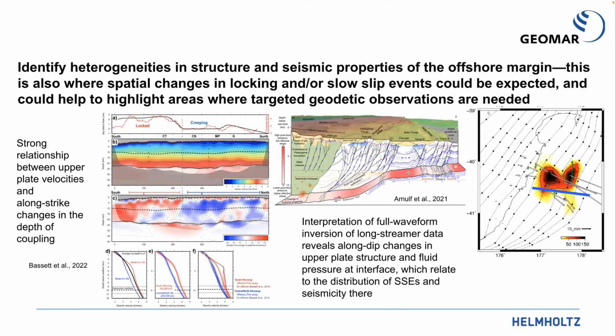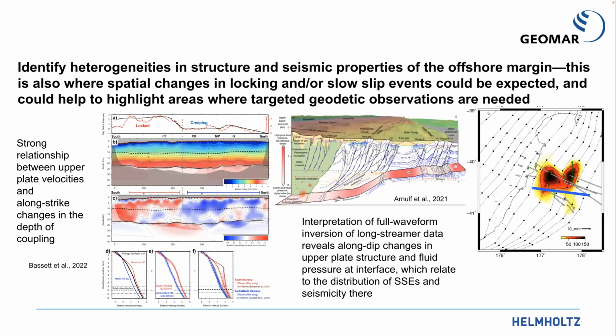And then finally, I think that the imaging could actually give us a really nice guide to help design future geodetic experiments. For example, we often see really interesting things happening geodetically, in terms of either slow slip events or transitions from locking to creeping, in areas where there's a lot of heterogeneity in the structure and the physical properties of the offshore margin, both in the along strike direction and in the down dip direction.